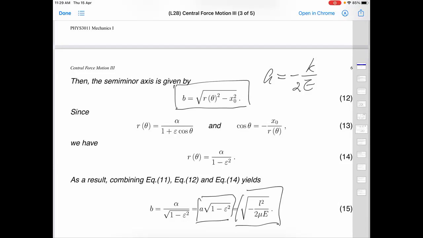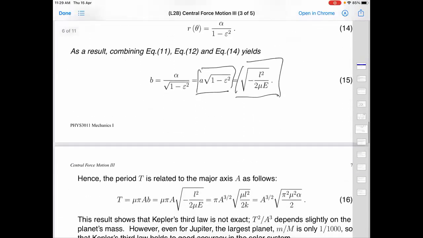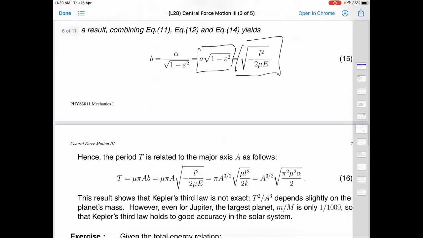All right. Then we combine A and B together. So we have T equal to mu pi AB, mu pi A, and multiply the B. All right.